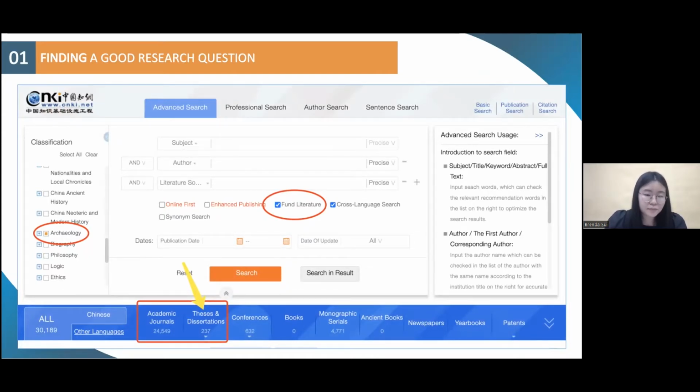And here, if we want to filter this funded literature out, similarly, we can select archaeology in the classification column. And here we don't have to choose any specific databases, and we can click all here, or Chinese literature only, because we can see theses and dissertations also have many funded literature.